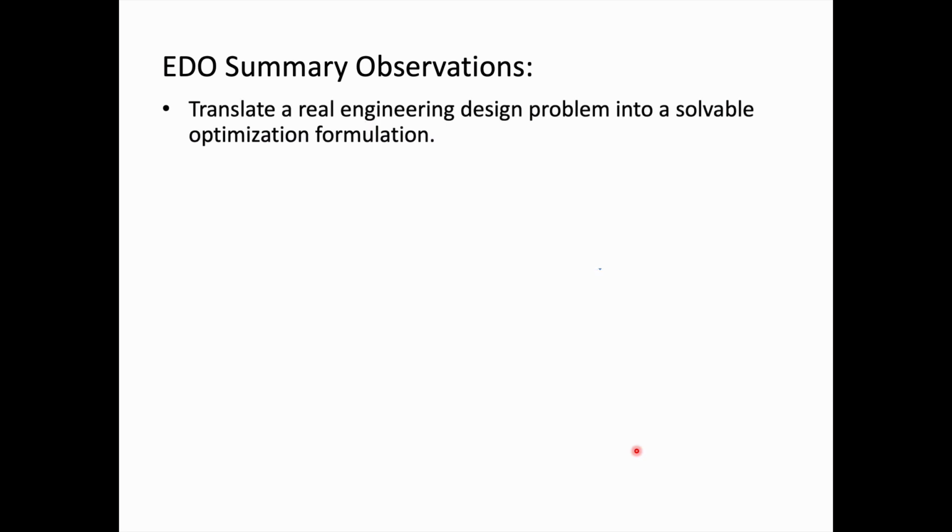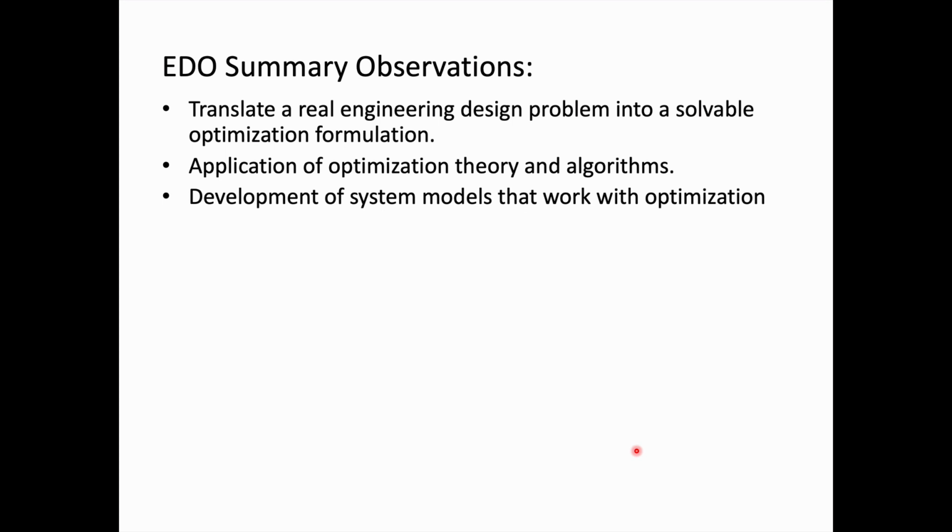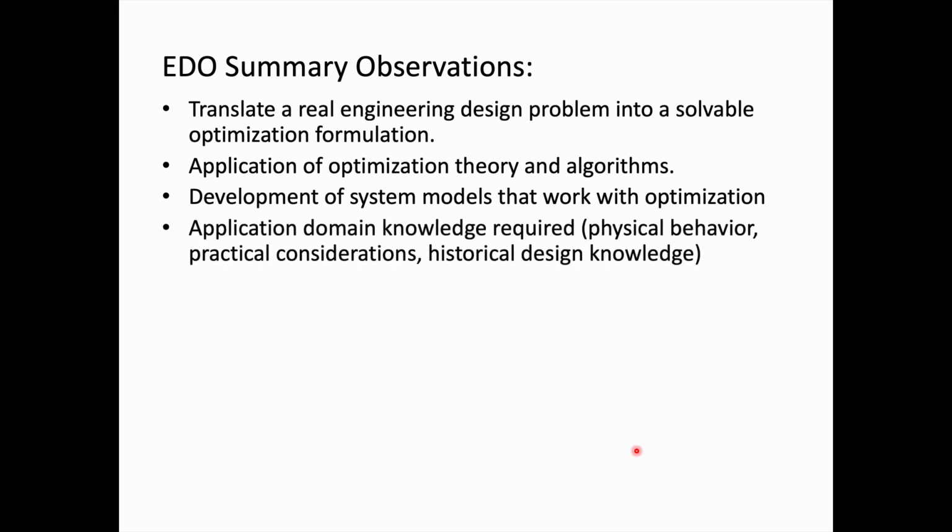Let's make some observations in summary about engineering design optimization. Here, we are very interested in translating a real engineering design problem into a solvable mathematical optimization formulation. This requires application of optimization theory and the algorithms, the numerical methods. It involves the development of system models that are compatible with optimization.